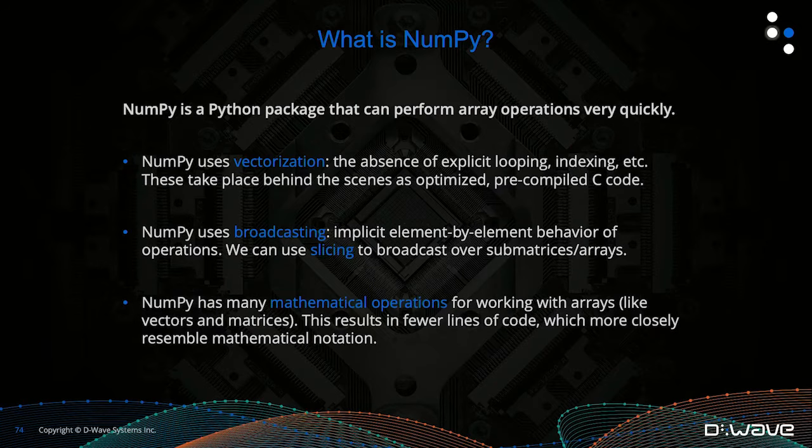NumPy also uses broadcasting, which is where you can broadcast element by element operations over an array or a matrix. You can use slicing to do this broadcasting over submatrices and subarrays. NumPy has a lot of mathematical operations for working with arrays like vectors and matrices. And so this can make your code a lot more compact, and it can more closely resemble mathematical notation when you can just reference these mathematical operations.